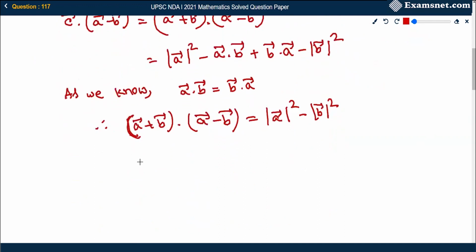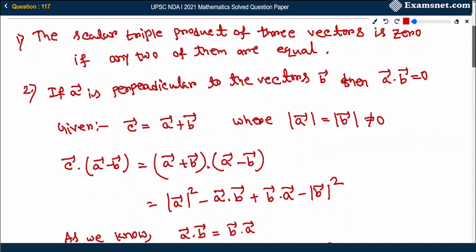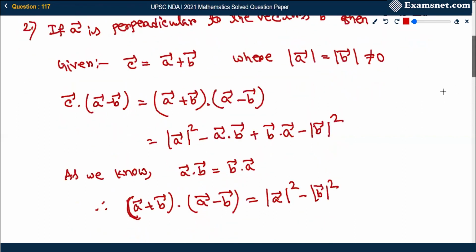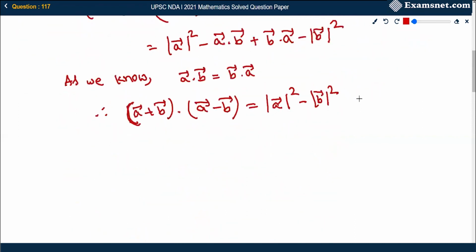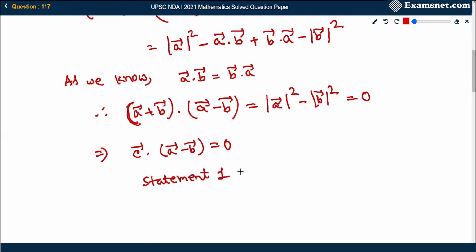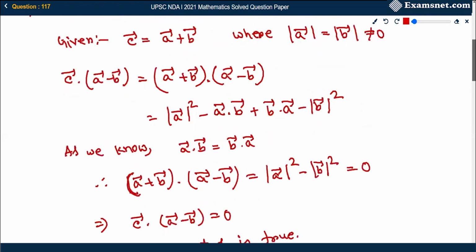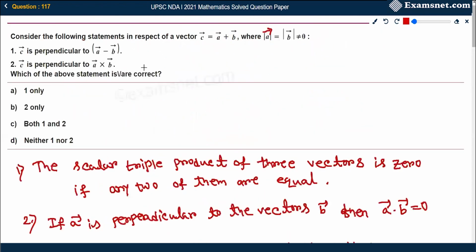Since it is given that mod of A vector equals mod of B vector, this will give us the value 0. Therefore, C dot (A minus B) equals 0. Hence, statement 1 is true. That is, C is perpendicular to this vector.